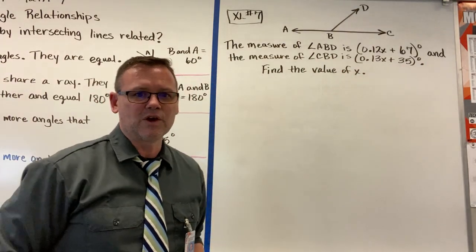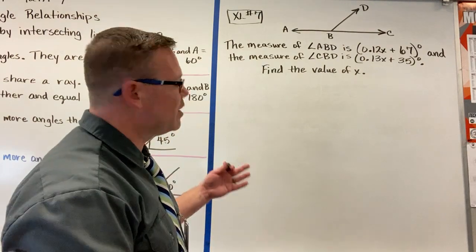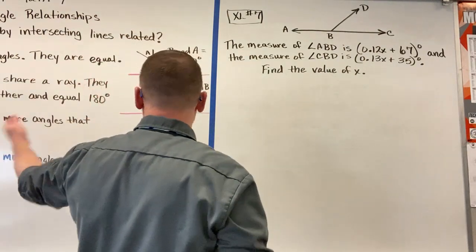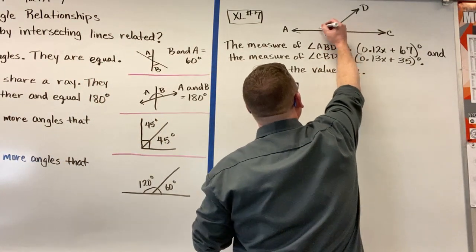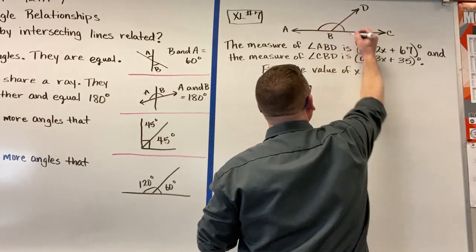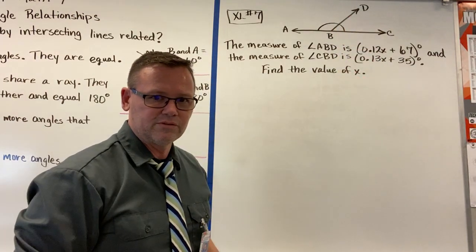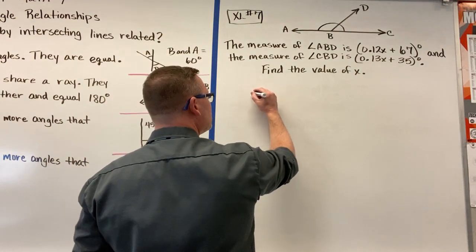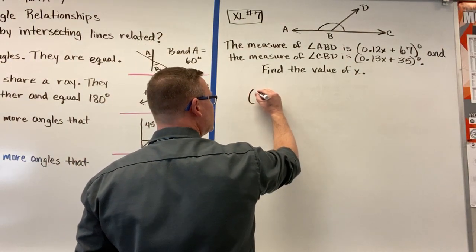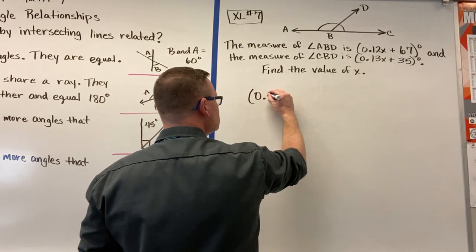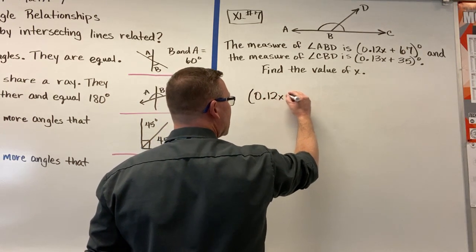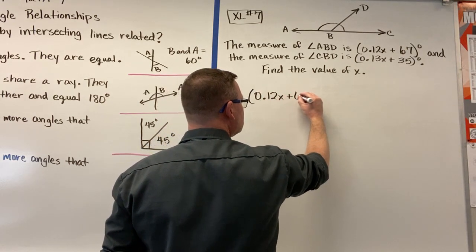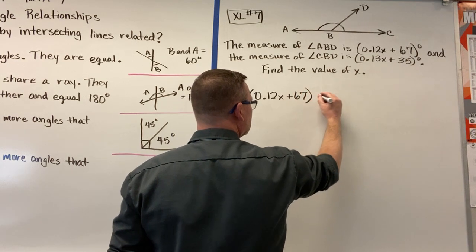Now, here's the deal, guys. We have to understand that when it's like this, these two would be supplementary angles. Supplementary angles mean they equal 180 degrees. So in other words, I would go like this. 0.12X plus 67, right?